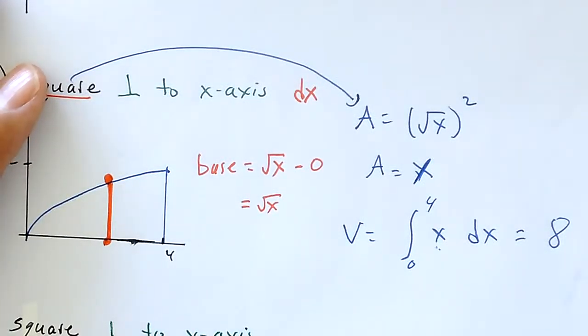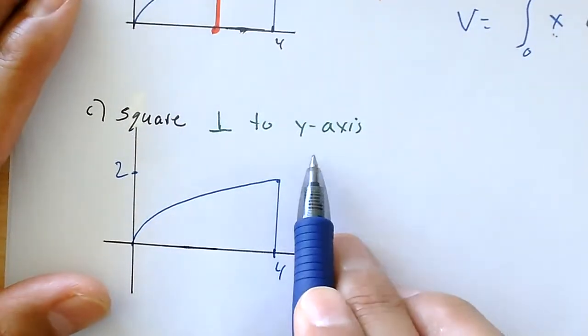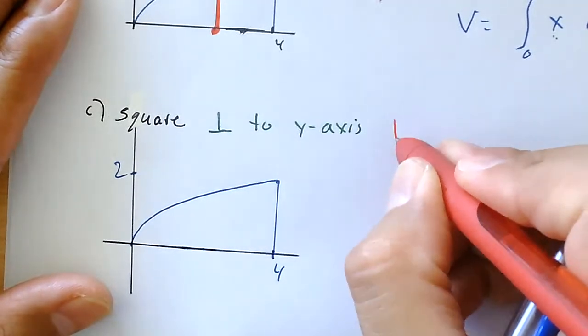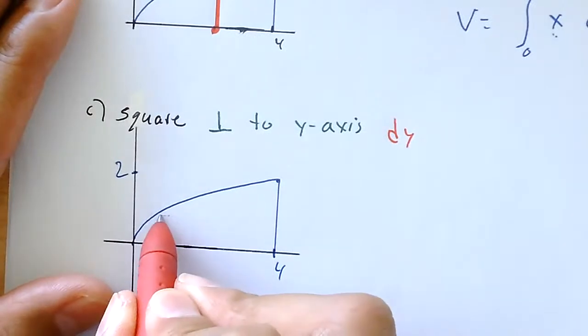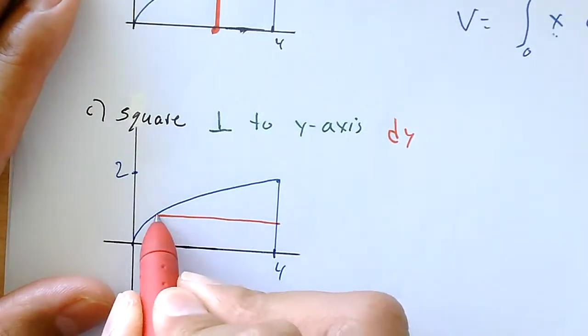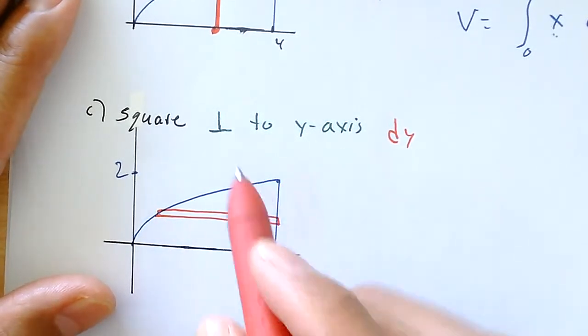All right, moving on, one more here. Part C, perpendicular to the y-axis, I will be in dy. And so the base goes this way. That's the base.